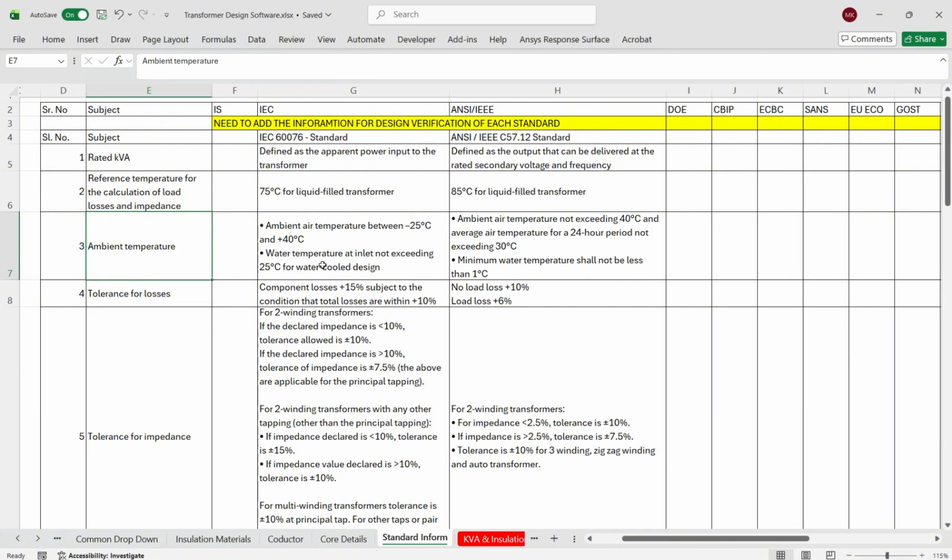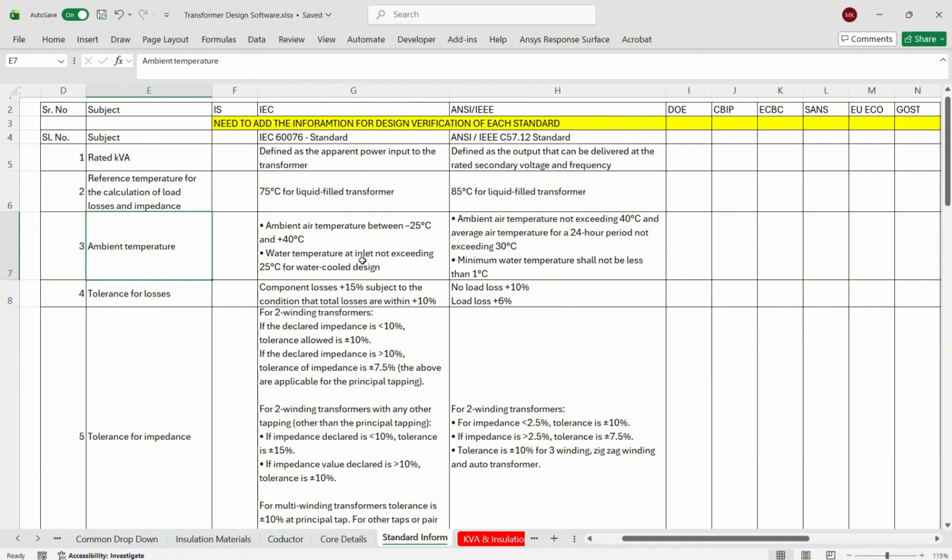Then ambient temperature. For IEC, the ambient air temperature is between minus 25 degrees Celsius and plus 45 degrees Celsius.